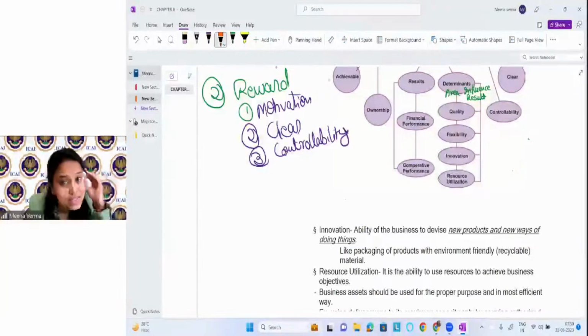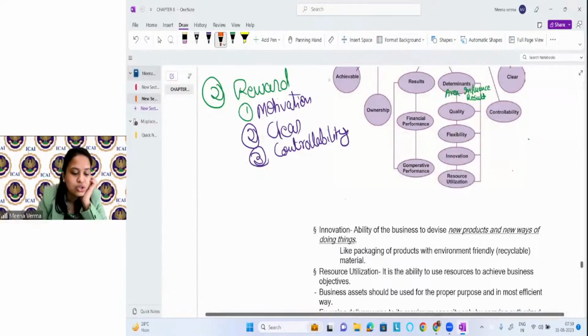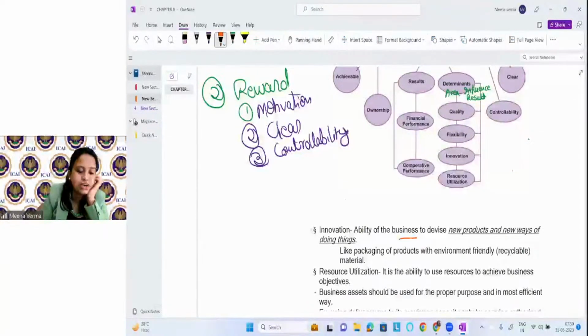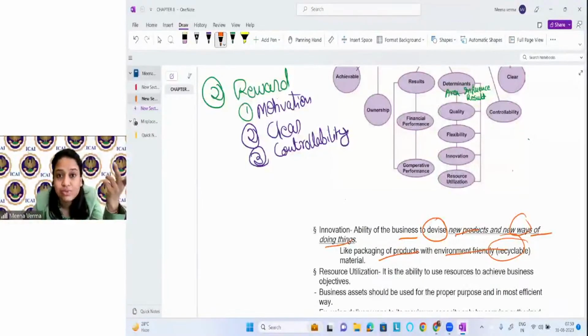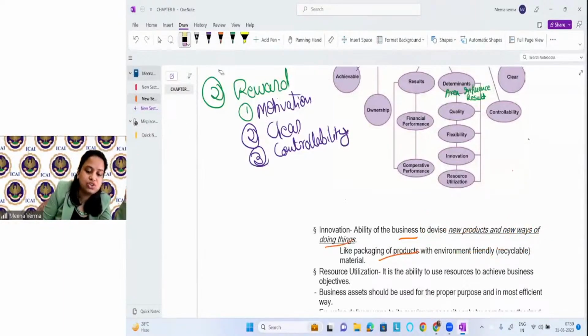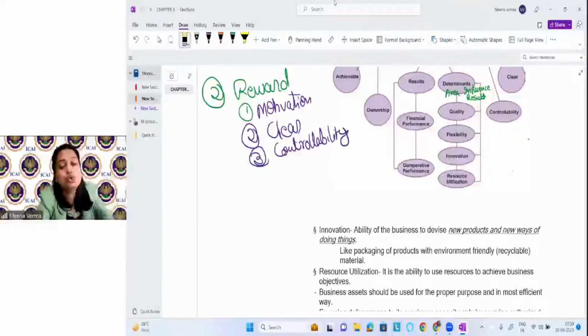You are providing goods and services to the customer which are completely different from the competitor. So innovation means the ability of the business to devise a new product or new ways of doing things, like packaging of product with environmentally friendly material. Keep on innovating: new products, new services, new ways of doing things.